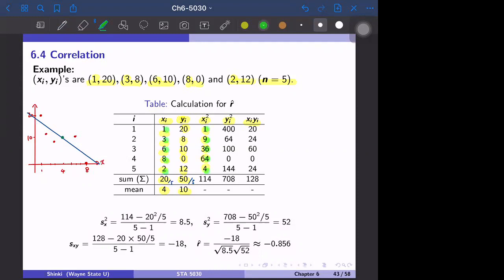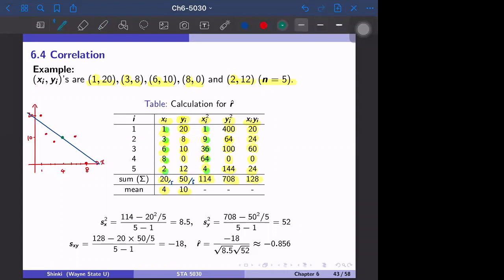For y, we get 400, 64, 100, 0, and 144. And xi yi is 1 times 20, so 20; 3 times 8 is 24; 6 times 10 is 60, and so on. Then we take the summation.